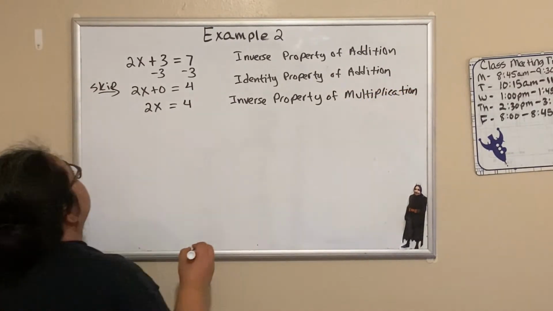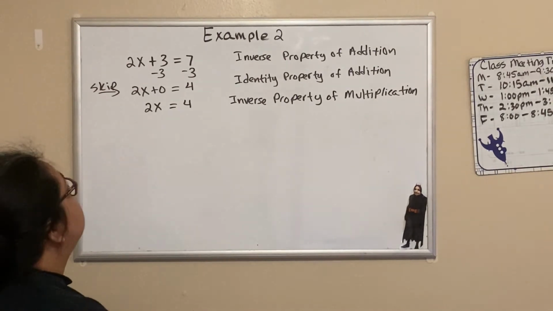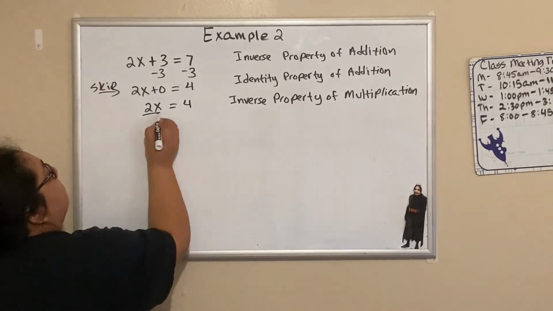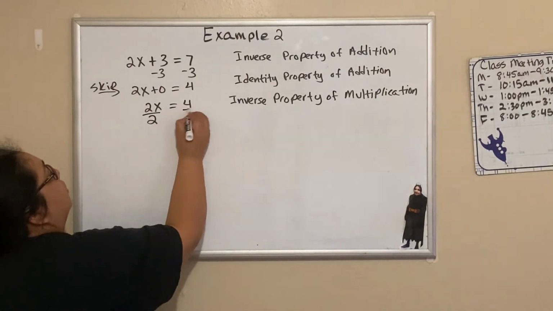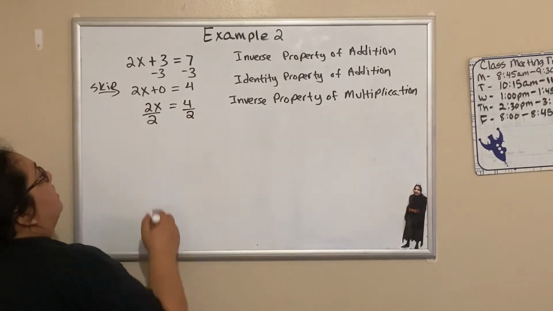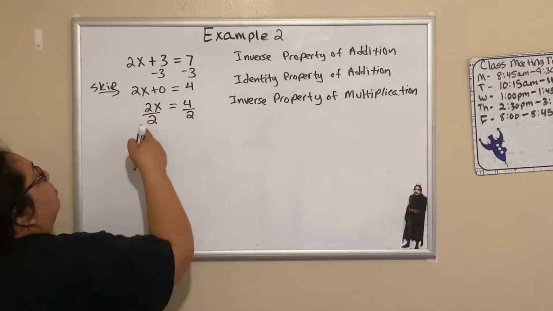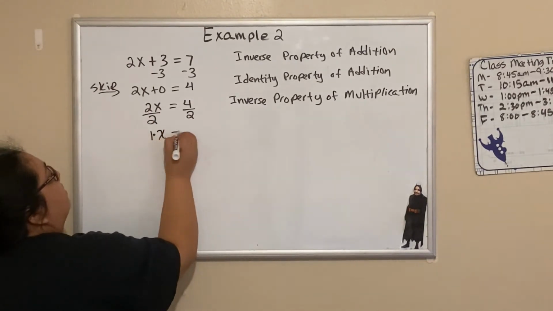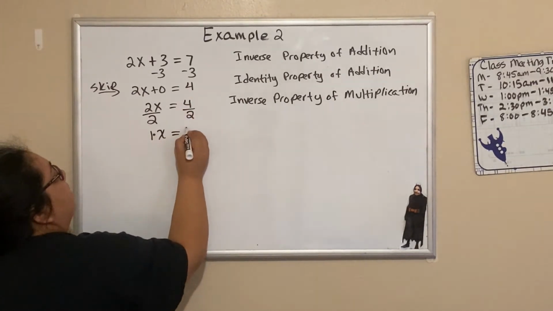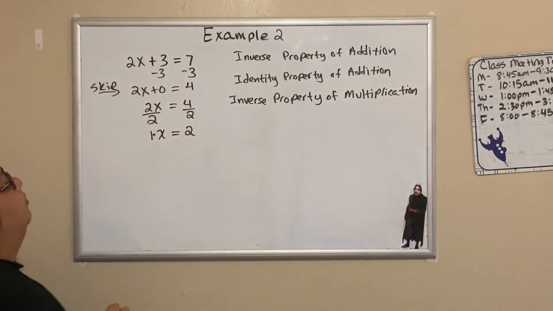Inverse property of multiplication. And the inverse property of multiplication says if I have a number and I divide by the same number, so we have 2, we're going to divide by 2 on both sides, then that number is 1. So 2 divided by 2 is 1 times x equals 4 divided by 2, that is 2.